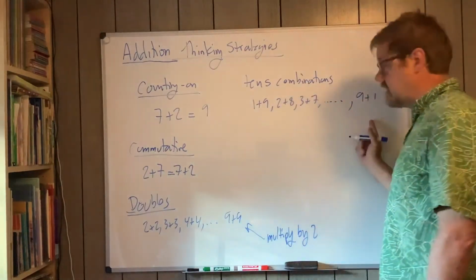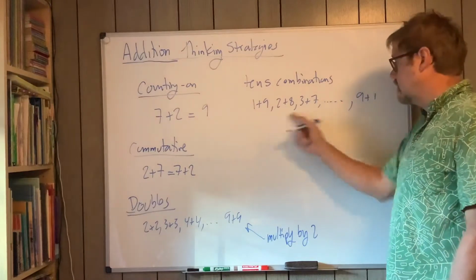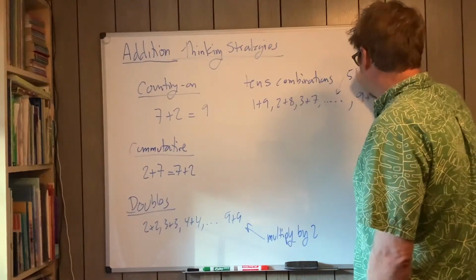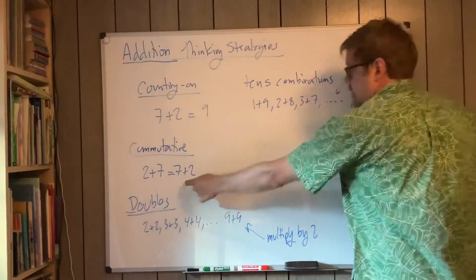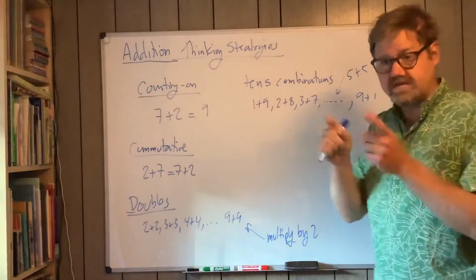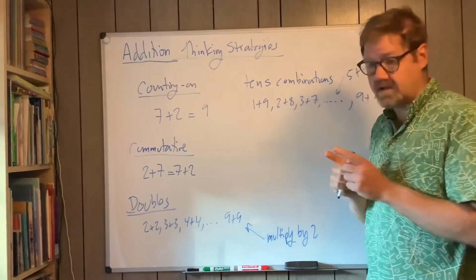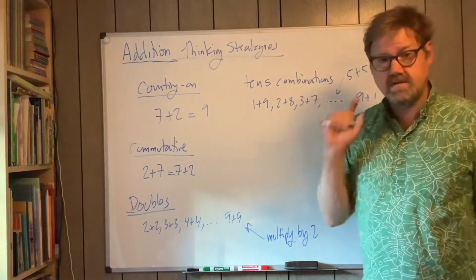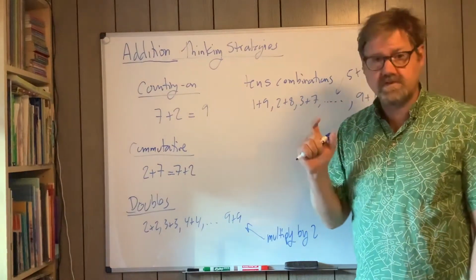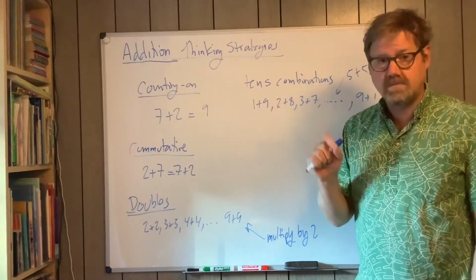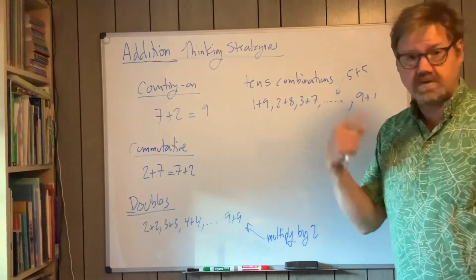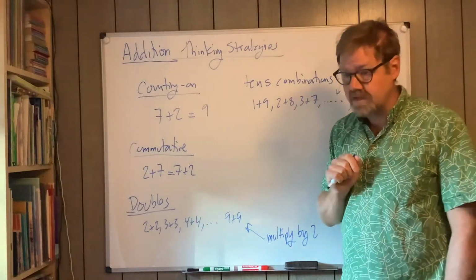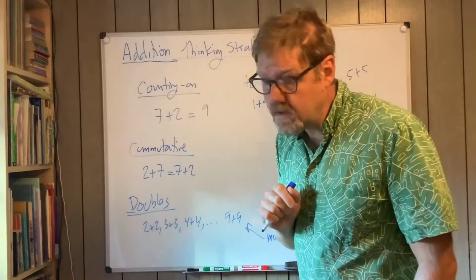And you really only need to know half of these because once you get up to 5 plus 5, then the commutative property also works. So you just need to know the pairs of numbers that add to 10. These are going to be really crucial for all sorts of things, but immediately when starting addition with regrouping, that borrow-carry thing.